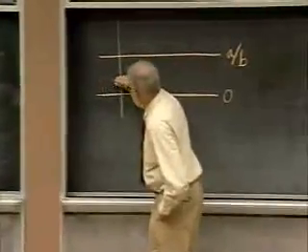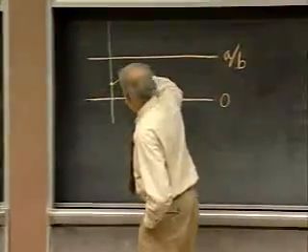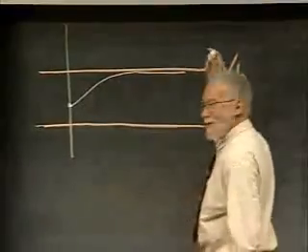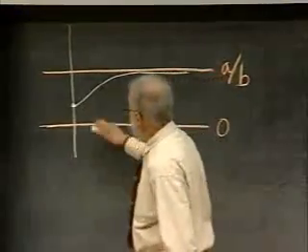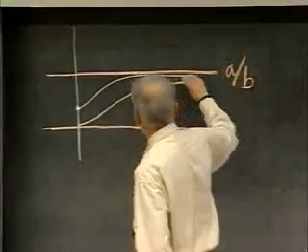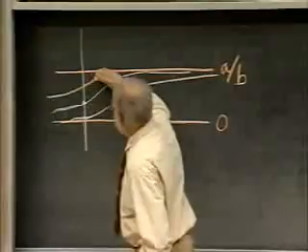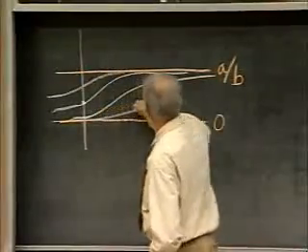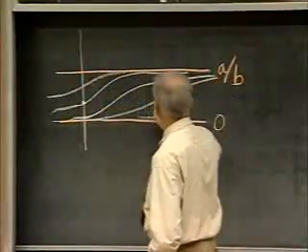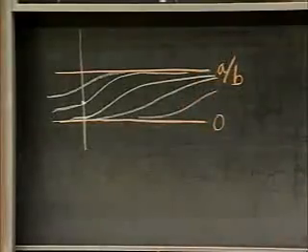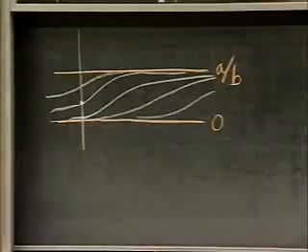Well, if they're always increasing, and they start here and increase, and are not allowed to cross, it must do something like that. This must be a translation of it. In other words, the curves must look like that. Those are supposed to be translations of each other. I know they are, but use your imaginations.